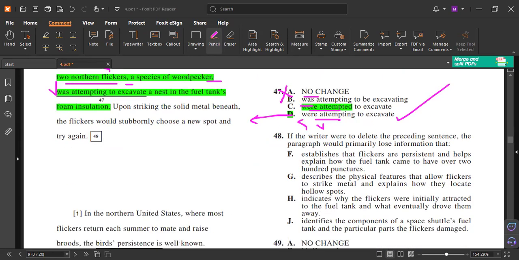48. 48G. 48, no. Let's try again together.